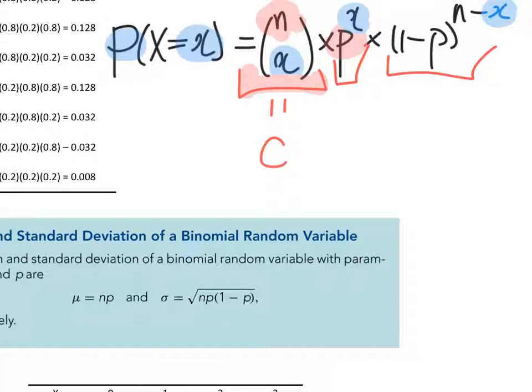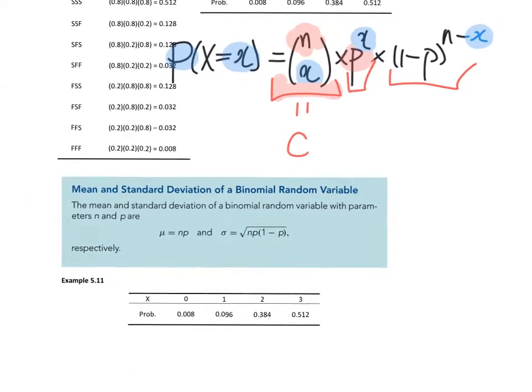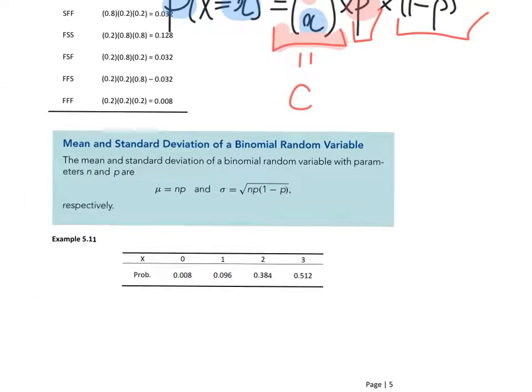So look at this. For this one, here is 1S, 1S, 1S, one success. We had three combinations which have 1S.